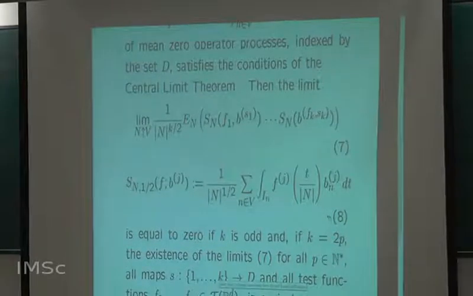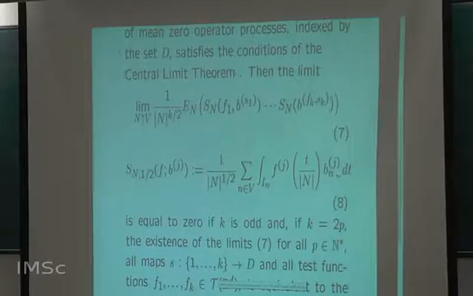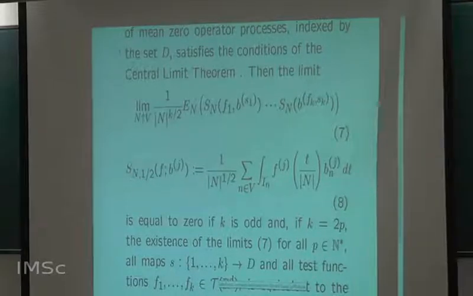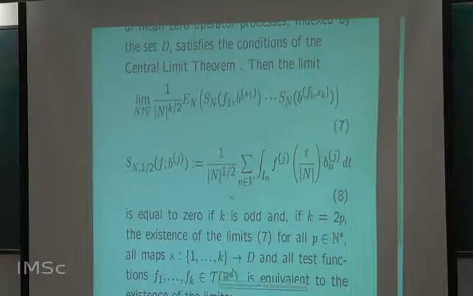Now, what is the philosophy of the proof? Since we know that this B_n satisfies the central limit theorem, this is essentially a scalar that multiplies the B_n. You can easily check, and I will not redo all the steps because we already did, that the products of the odd moments will go to 0.